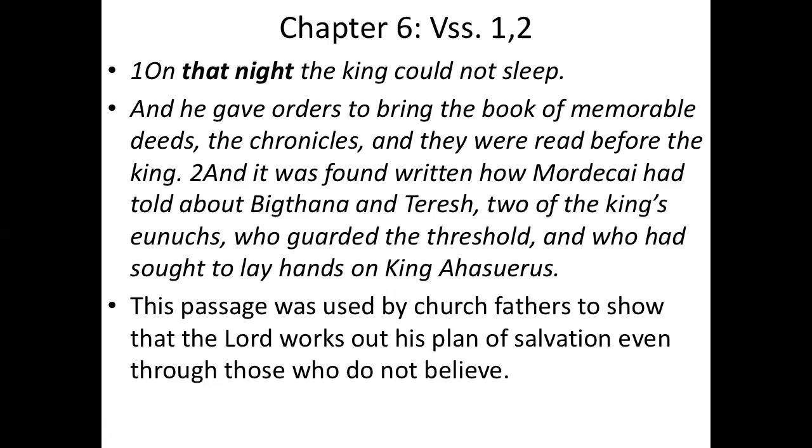So even though this king is not a believer, the Lord is working in the background to keep him awake, where he can't sleep, and then have something read that incidentally falls on this recollection of how this Mordecai person has saved his life.